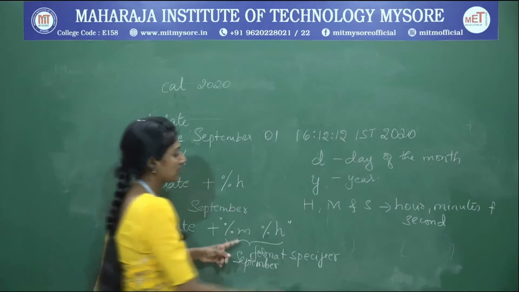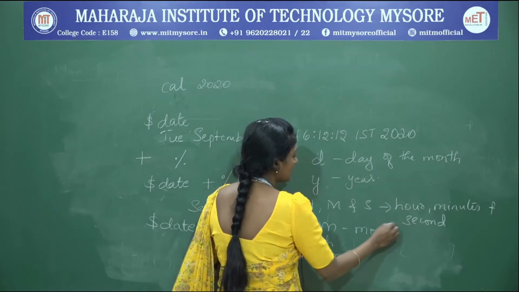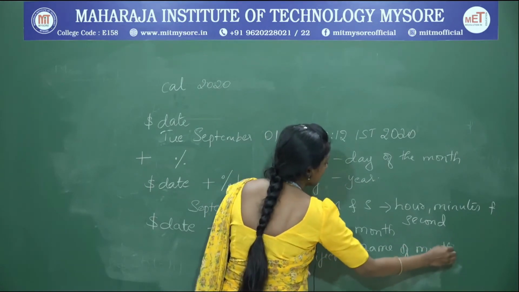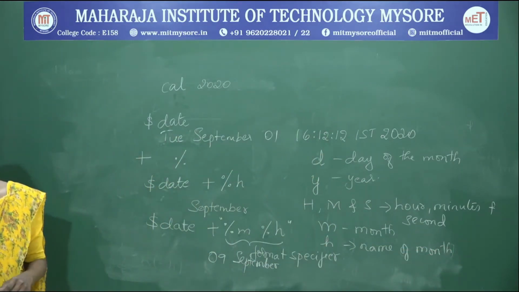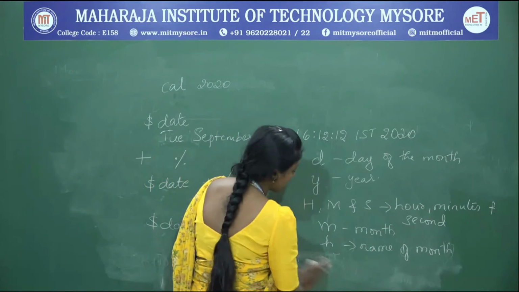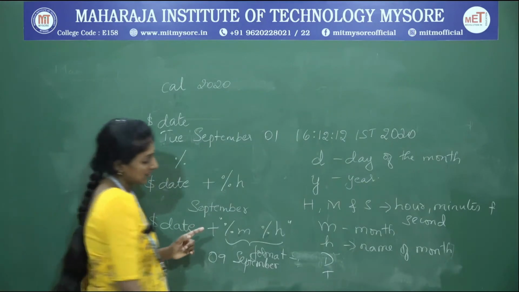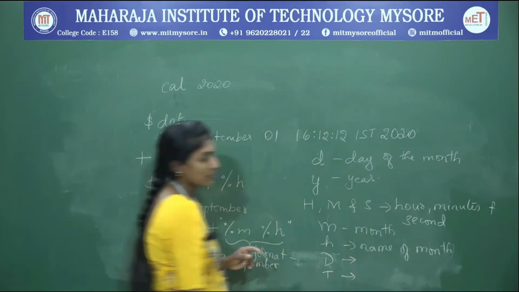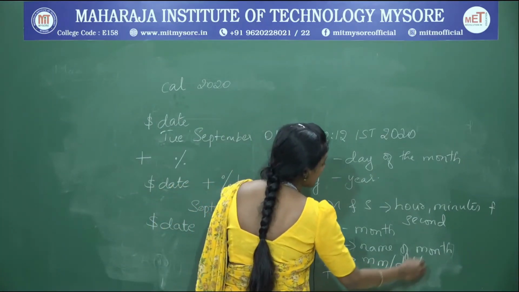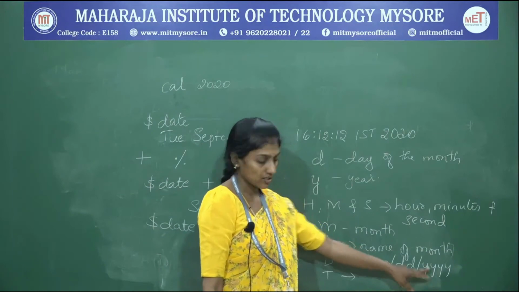And as I have already specified, small m and small h: m is going to display the month, and h is going to display the name of the month. Next, we do have two more format specifiers, one is capital D and one more is T. Capital D represents the date in the format mm/dd/yy, so month, day and year.